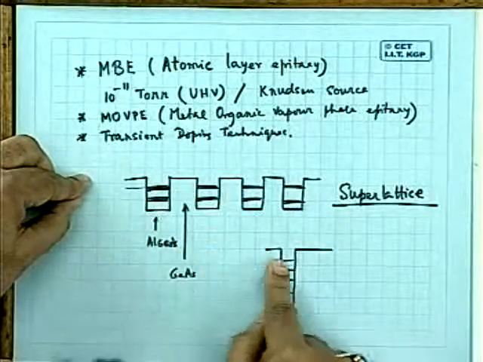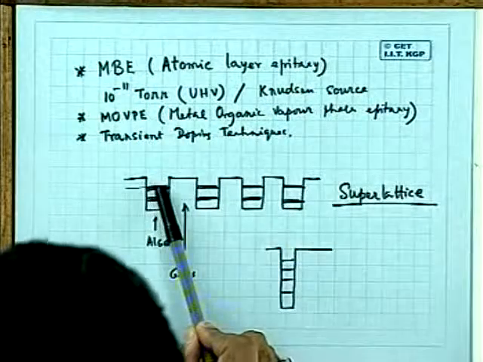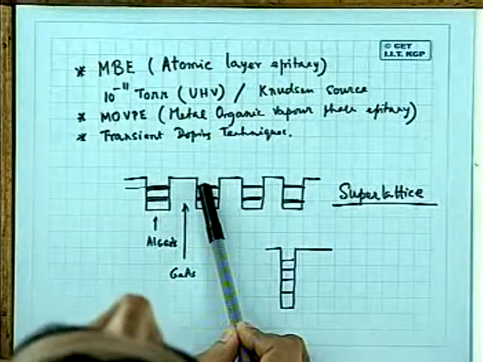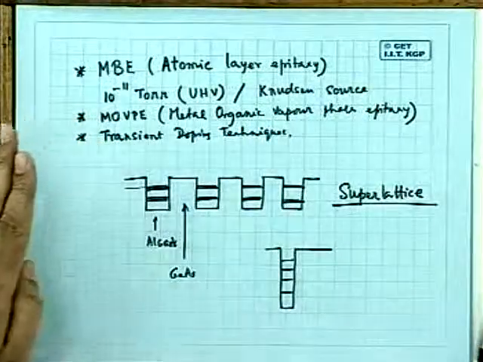If I apply a little field, the whole thing will move like this, because with the application of a voltage, the actual structure will be staircase type with a little slope. And the electrons may find some unoccupied state on the other side, and the barrier is so thin, there may be tunneling. If there are two such quantum wells, there may be tunneling back and forth.